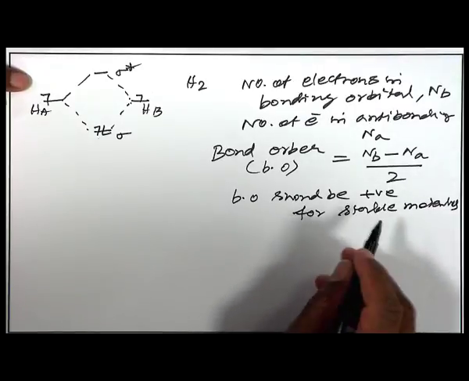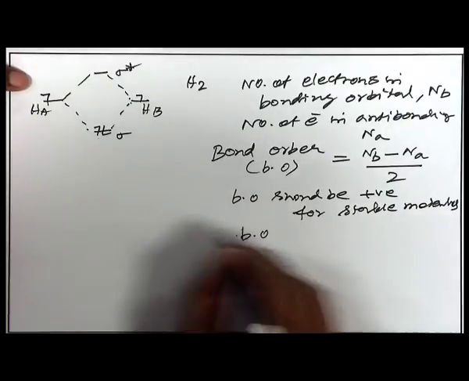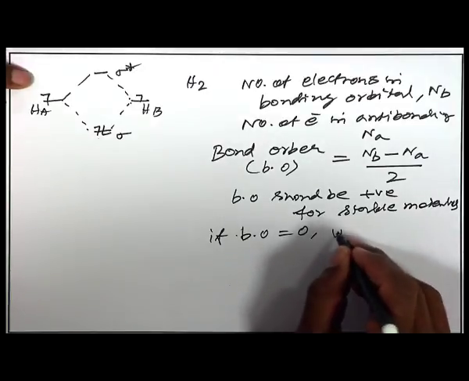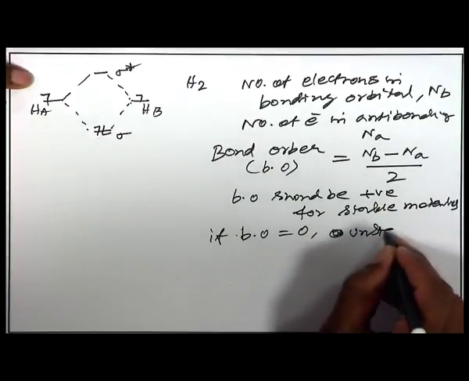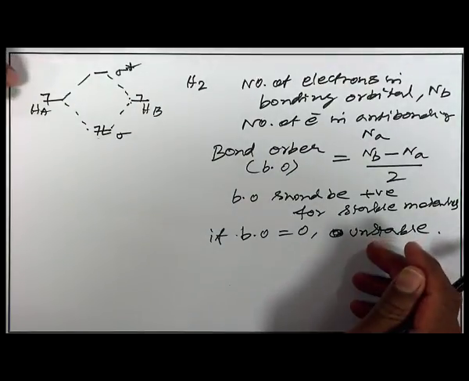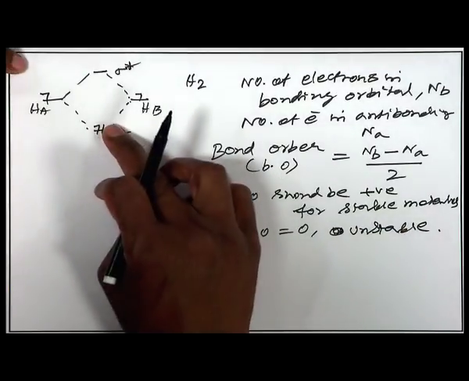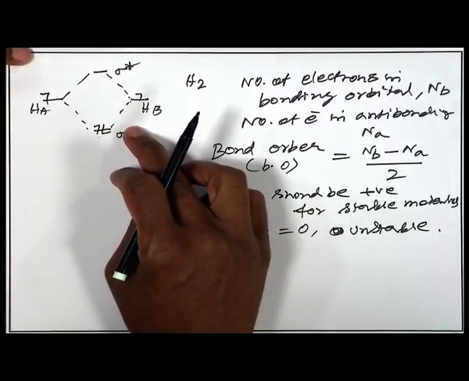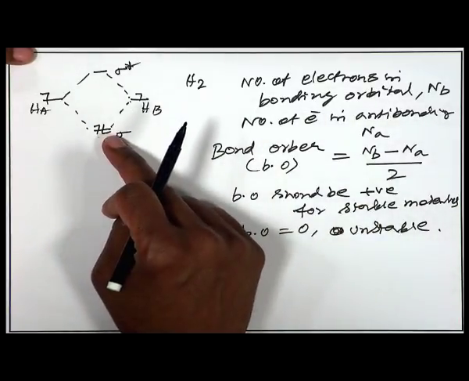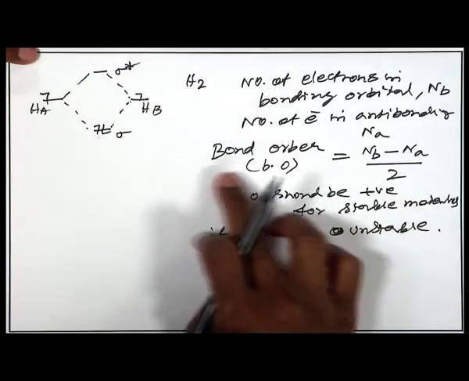If the bond order is 0 or negative, the molecule is unstable. So, from the molecular orbital we can draw an interaction diagram or molecular orbital diagram of this type, and then we can talk about the stability of the molecule by looking at the number of electrons present in the bonding orbital and the number of electrons present in the antibonding orbital, using a concept called bond order.